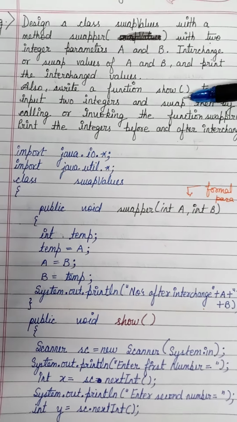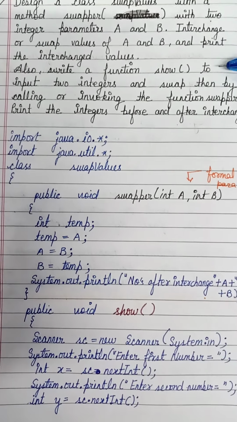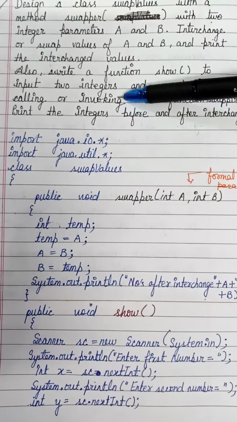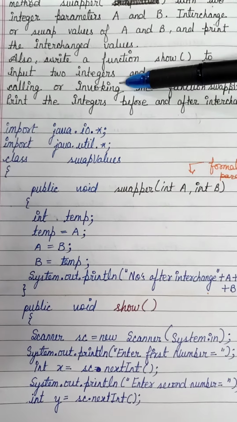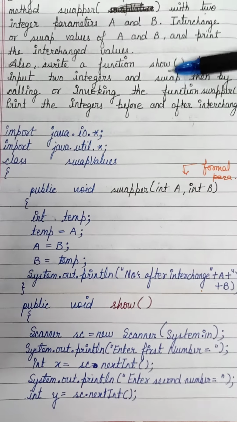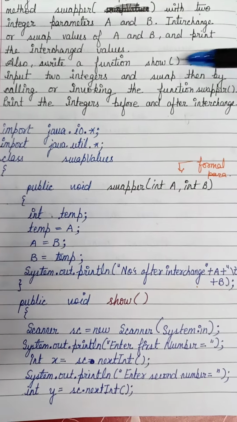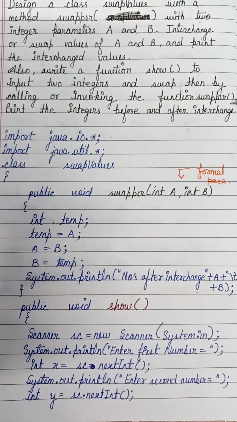The second method will be show. What you will do in this function, to input two integers, you will be asking for two integers from the user. You will read two integers from the console in this function show, and swap them by calling or invoking the function swapper.